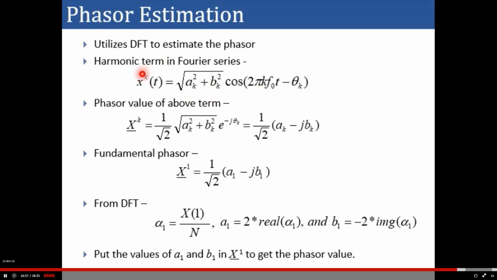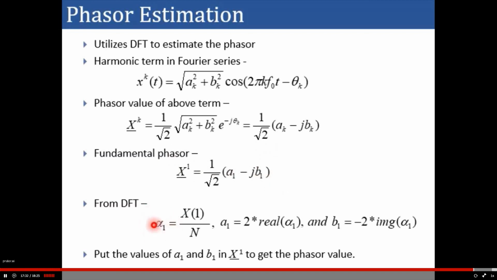The corresponding phasor value of the above term can be written as X_k equal to 1 by root 2 times root of a_k square plus b_k square e to the power minus j theta k, or simply we can write 1 by root 2 (a_k minus j b_k). So the fundamental phasor can be written as X_1 equal to 1 by root 2 (a_1 minus j b_1). So this we can get from the discrete Fourier transform.